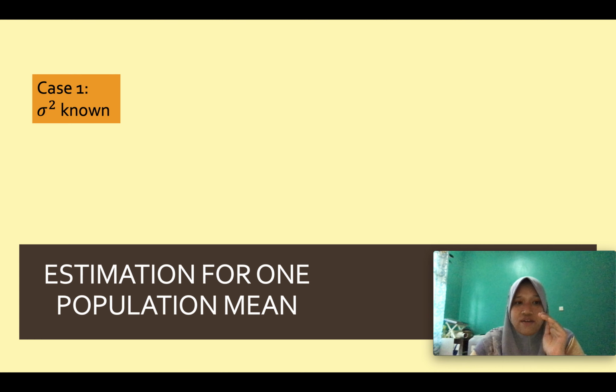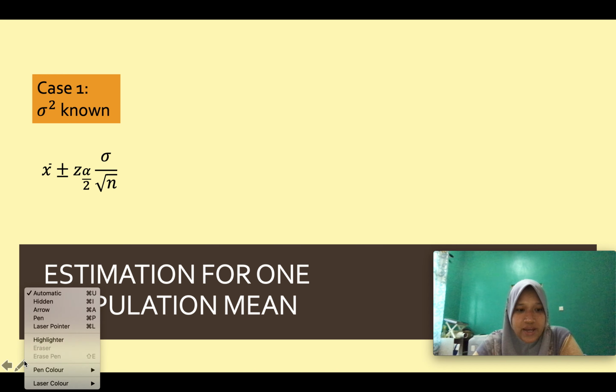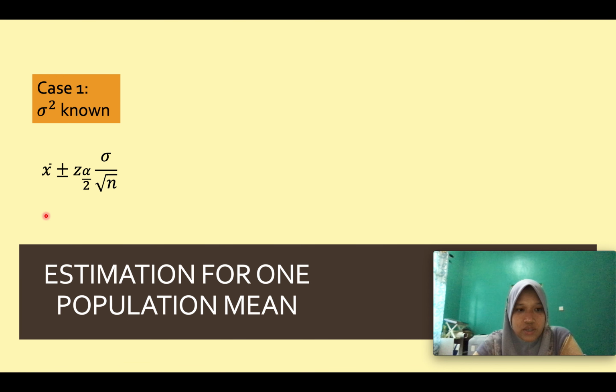So if you are given the value of variance or population standard deviation, the formula that we will use is x bar plus minus z alpha over 2 sigma over square root n. This one is x bar, which is the sample mean, plus minus z alpha over 2 sigma over square root of n.